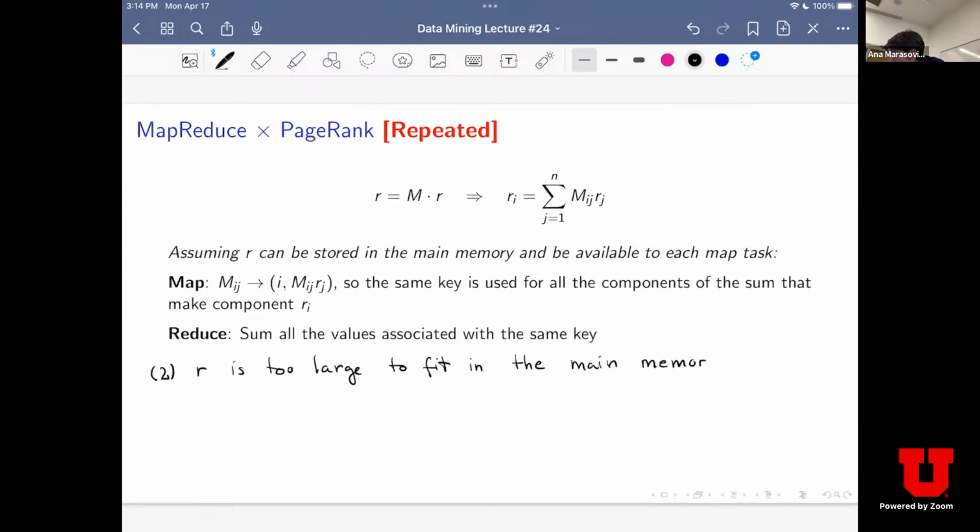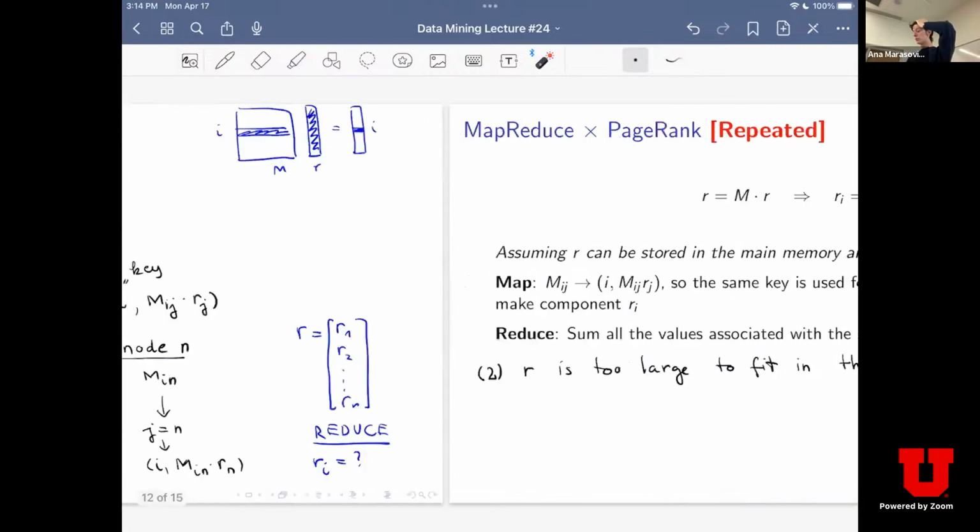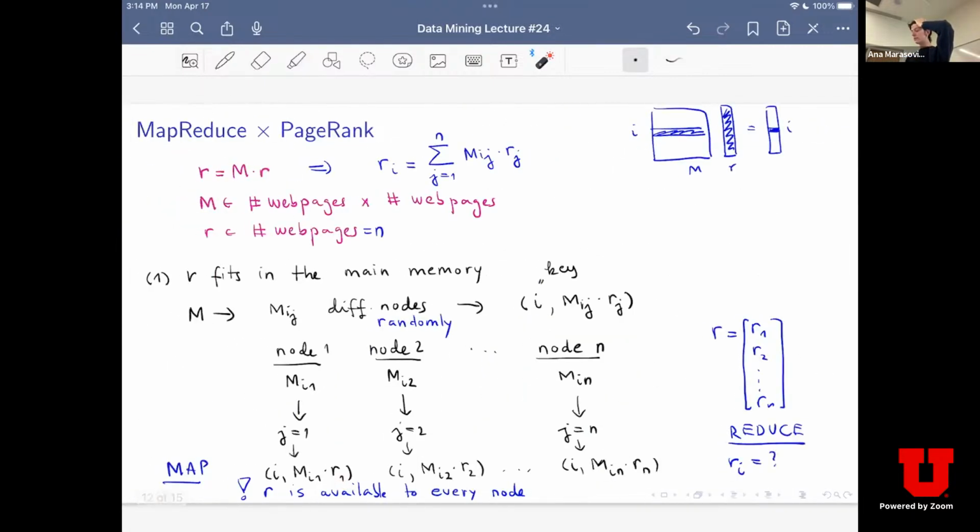When I told you that the crux of MapReduce is to figure out how you can attack your problem through MapReduce, this goes along with that. Now you have R that is too large, and you need to wonder how can I still use this MapReduce framework but not fit R into the main memory, and not assume that in every single map step I can use the entirety of R.